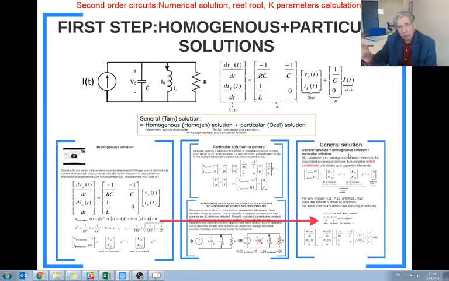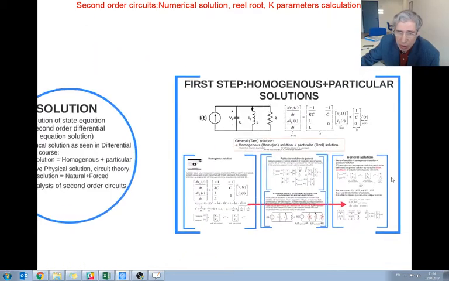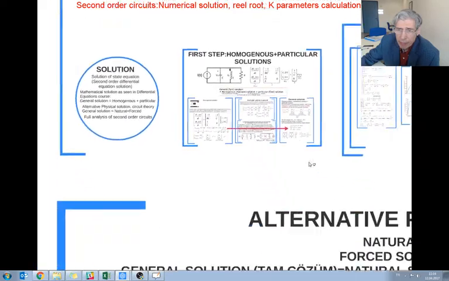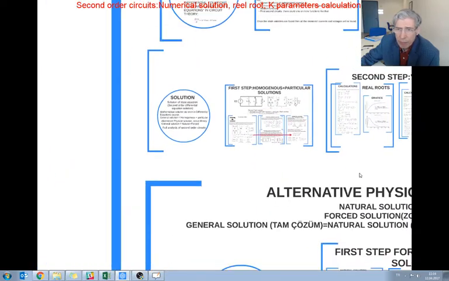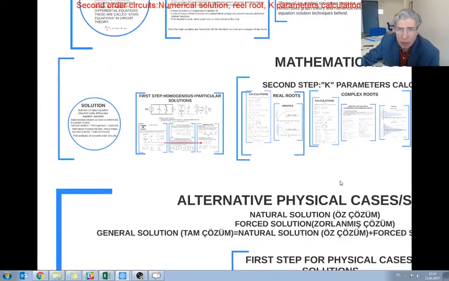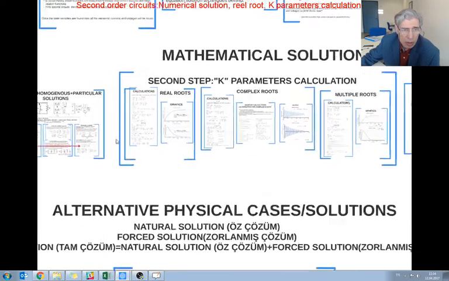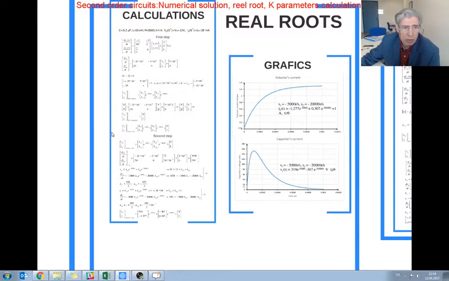Depending on the numerical values, there are going to be some variations. So the next thing that we do, the second step, is to find the parameters. There are some cases that we have to consider.